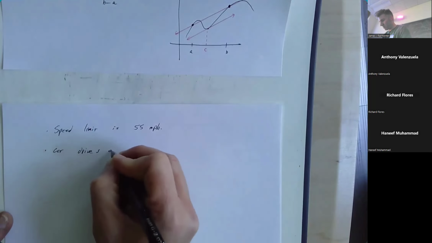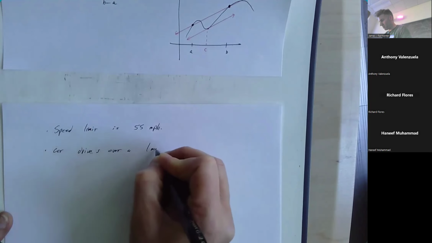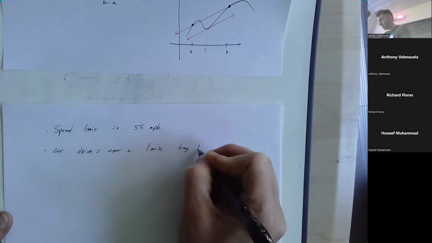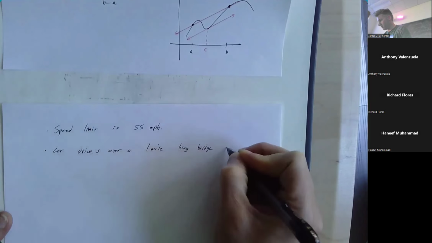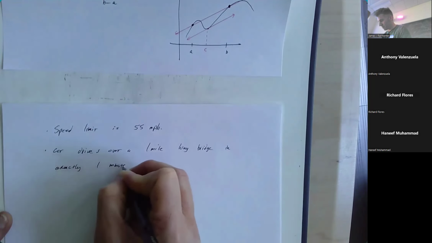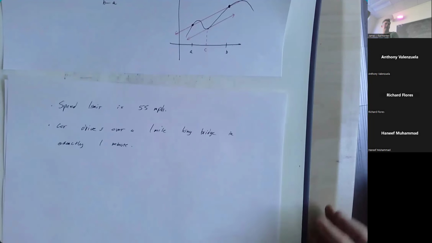A car drives over a 1 mile bridge in exactly 1 minute. Did they break the speed limit?